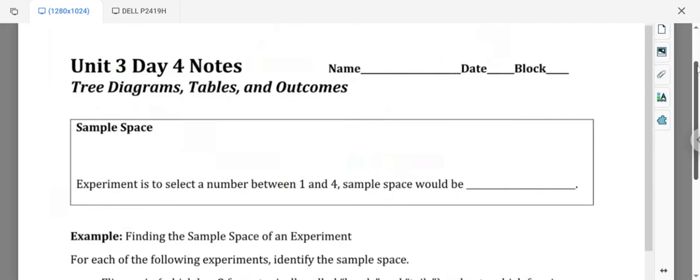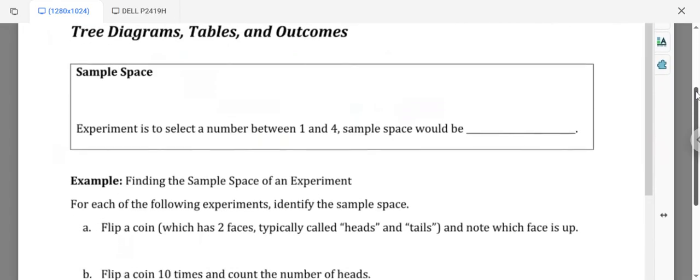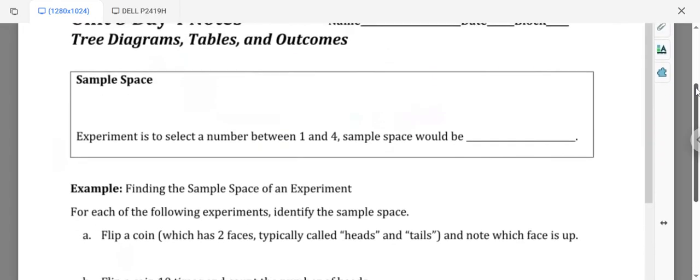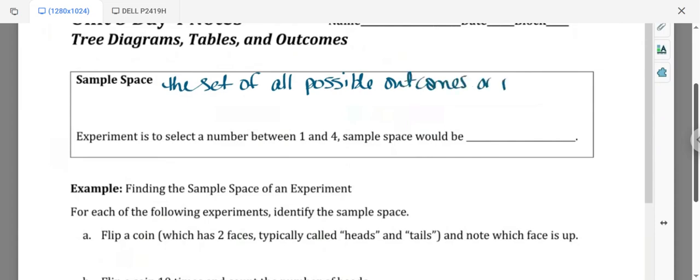So when we're looking at this, your sample space, we're dealing with the set of all possible outcomes or results of an experiment.